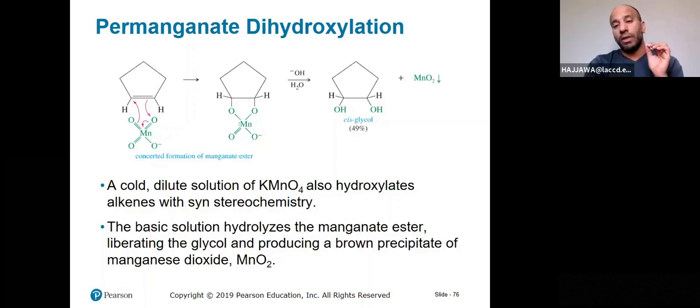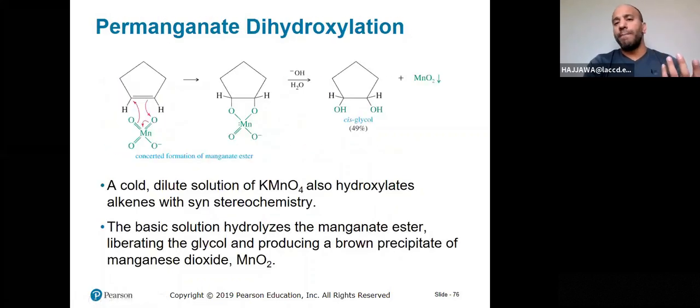The role of the hydroxide in the KMnO4 mechanism is basically to do the hydrolysis of the manganate ester to end up making the diol. So that's important to keep in mind. And of course, the indicator that the reaction did work is the formation of the brown precipitate of manganese dioxide.